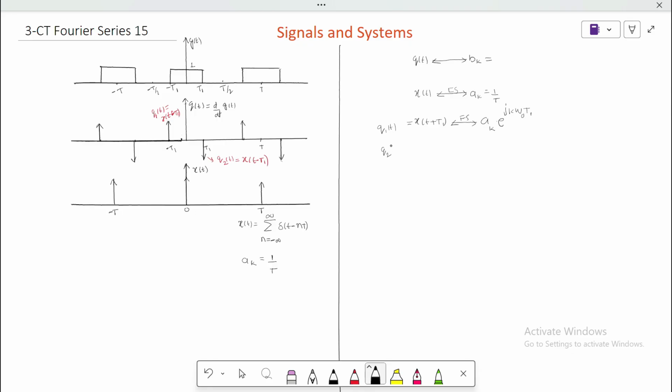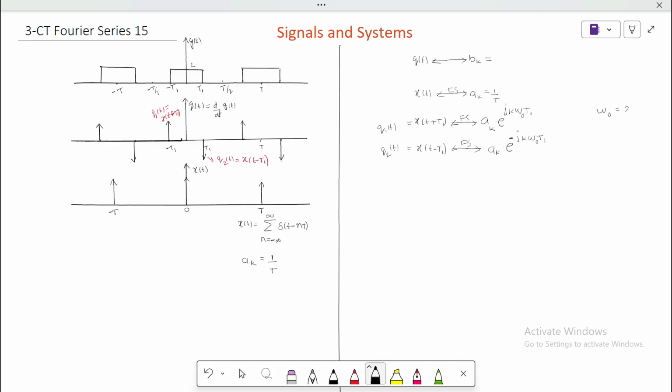Next, q2 of t equals the delayed signal x of t minus t1, so its Fourier series coefficient is ak into e power minus jk omega naught t1.